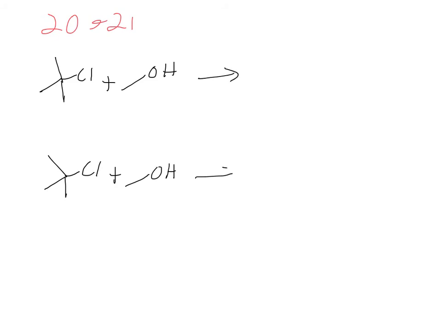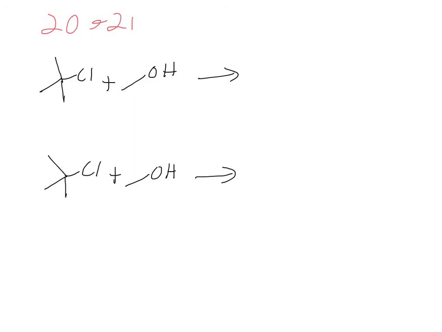I think they have the same. They're kind of getting at the heart of what is part of the rate for SN1 and SN2. So 20 has t-butyl chloride in two cases, and methanol, same temperature, all that stuff.